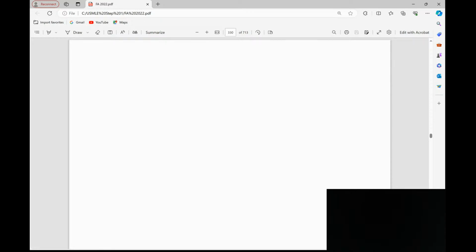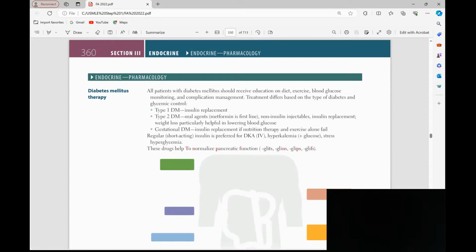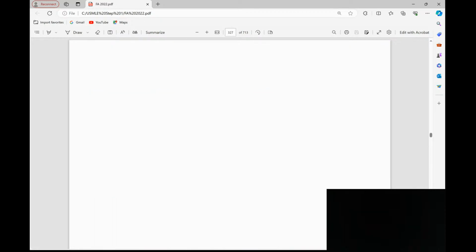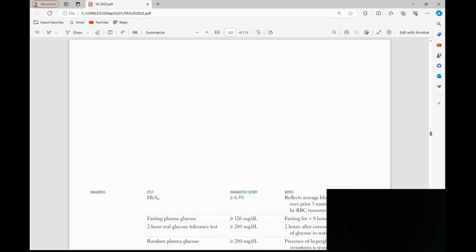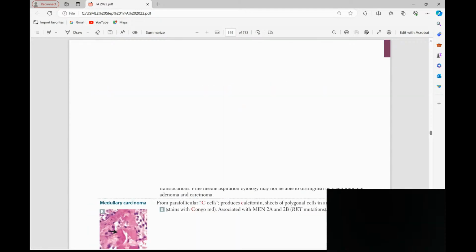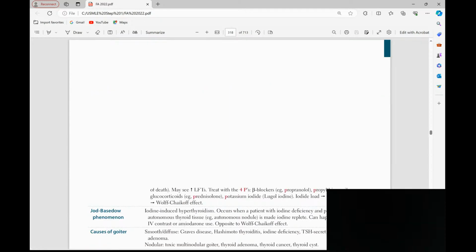If it is any hyperplasia or adenoma, then we can think of hyper. So this is a basic, easy way to learn about any hyper or hypo cases.